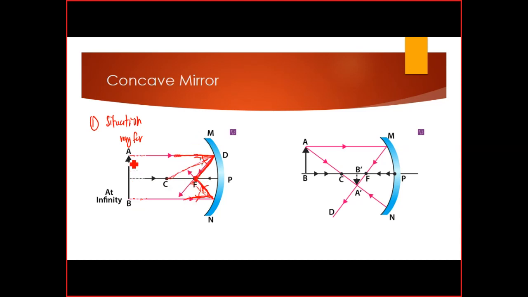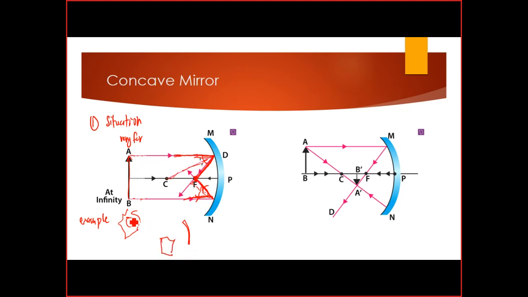So what kind of image can we obtain if this is the case? This is our object. Our image is not actually going to be an image. It's going to be a convergence of light. An example I used to give is this: you have the sun, a concave mirror, and a piece of paper.